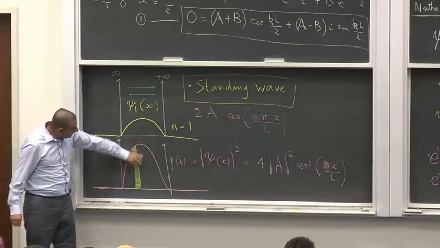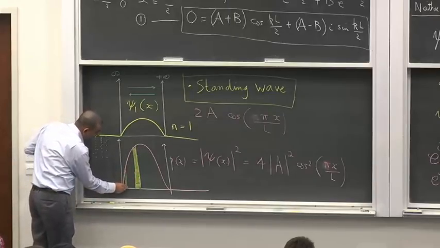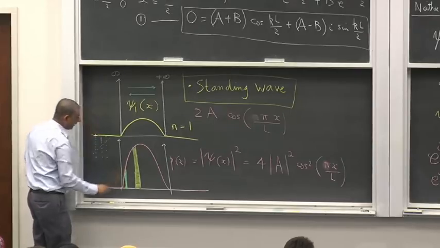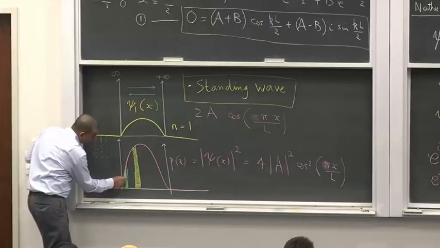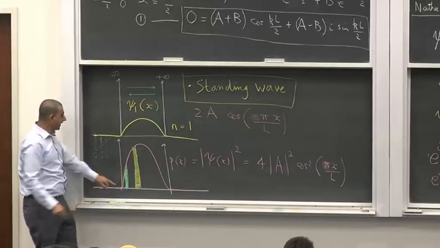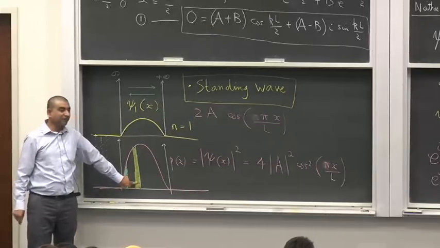Now this probability is of course higher than this probability. So if I were to take an interval of the same width towards the edge of the well or towards the center of the well, then this probability is larger.